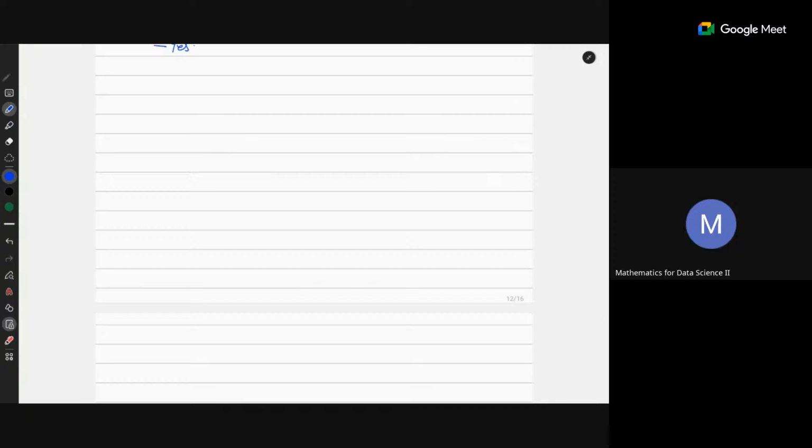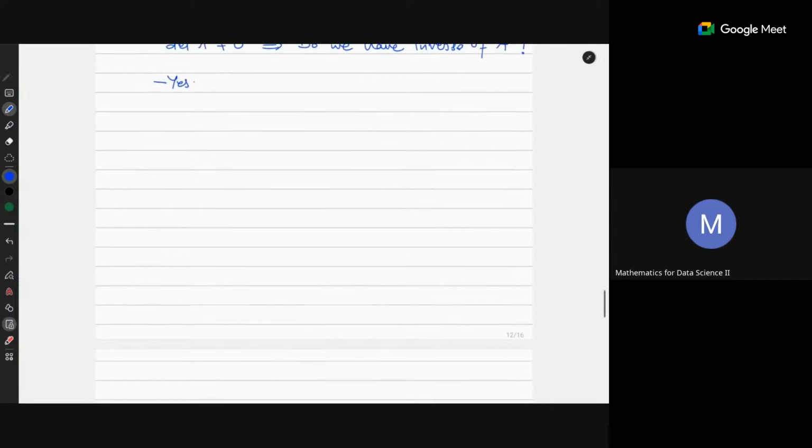So we know that, given an n cross n matrix A with entries A11 up to A1n, down to An1 up to Ann, we can have cofactors associated with each entry.